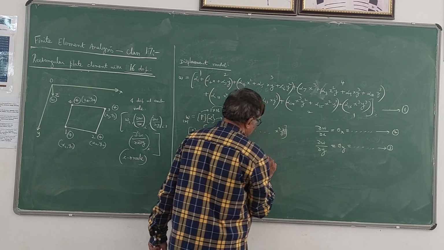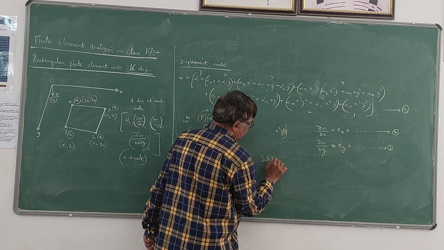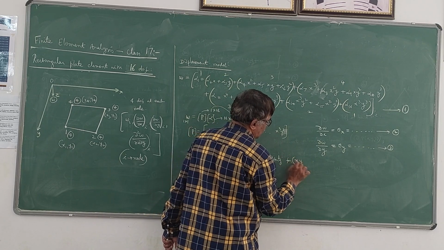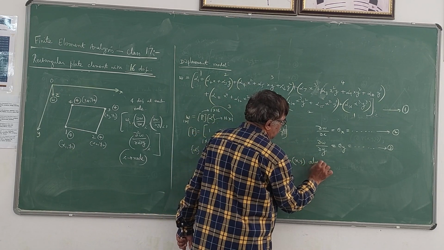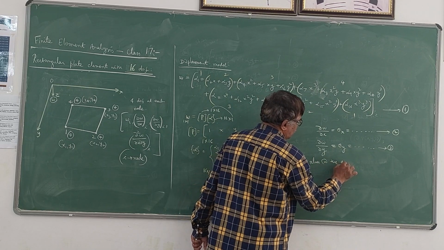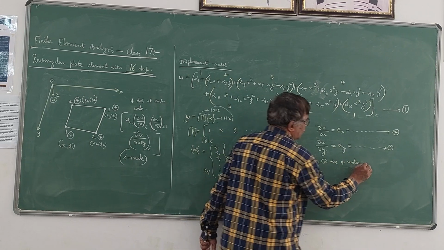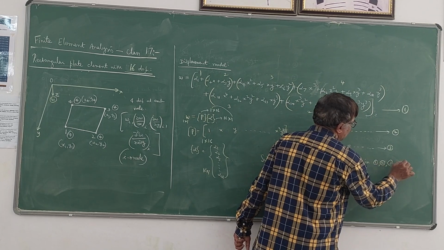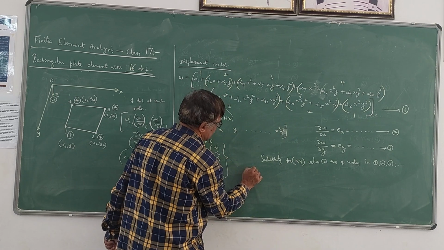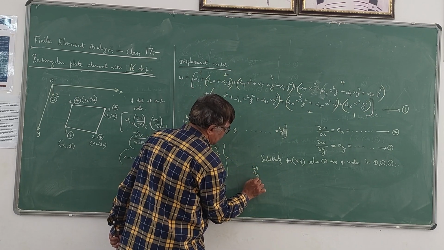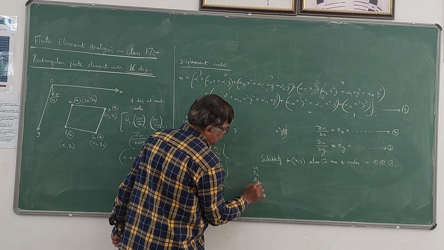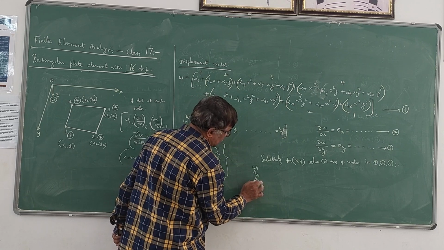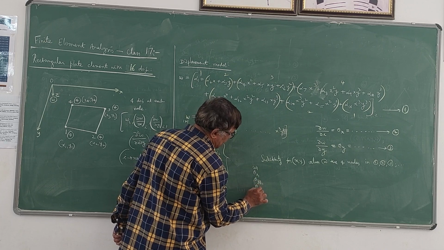Now once again, substituting the x, y values at the 4 nodes in equations 1, 2, 3, and if you rearrange the terms here also, what you will get here is w1, theta x1, theta y1, then theta xy1.